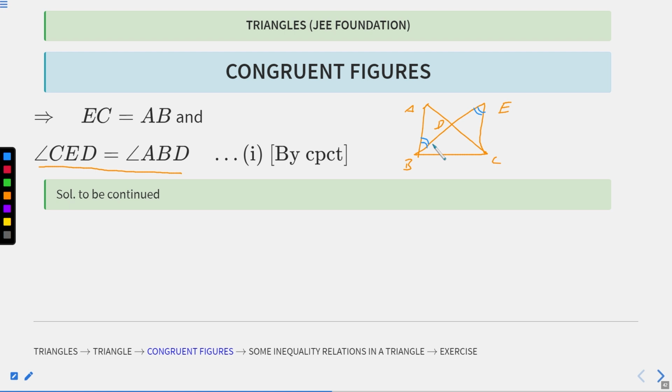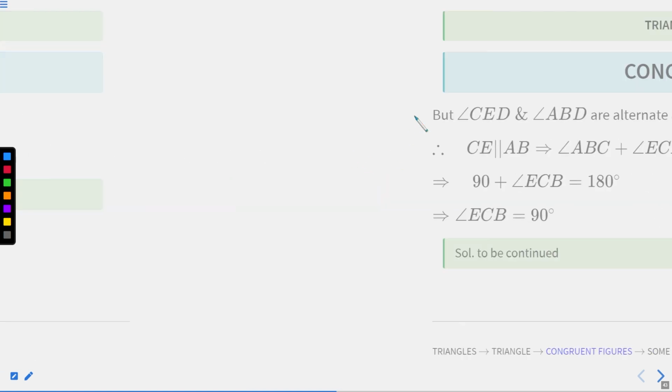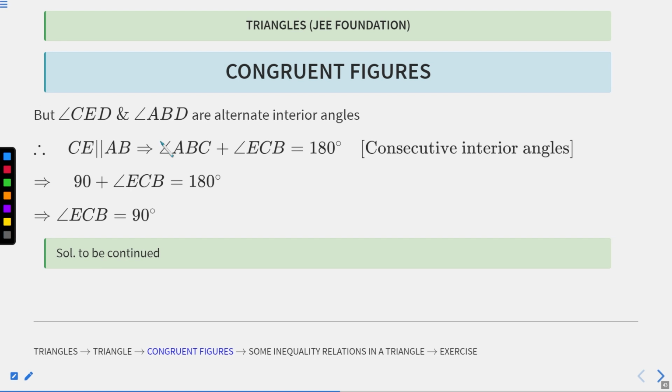I have already told you. Now if we look again, this angle is equal to this, and this angle was equal to this angle, so these two are all equal.